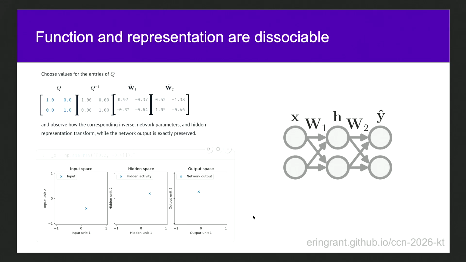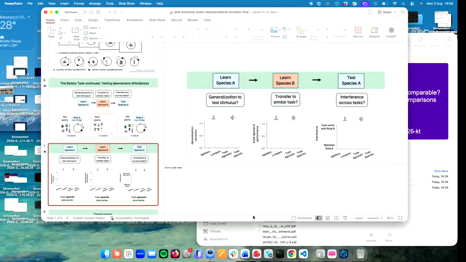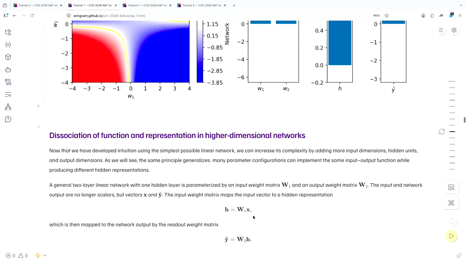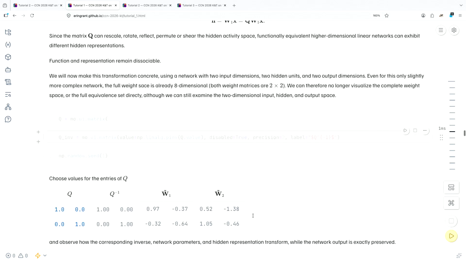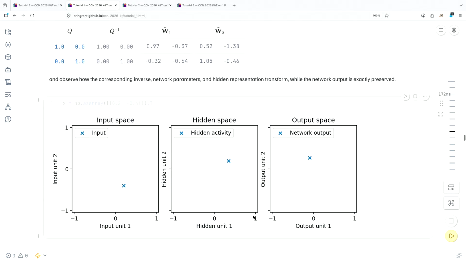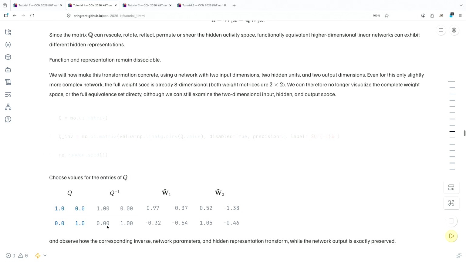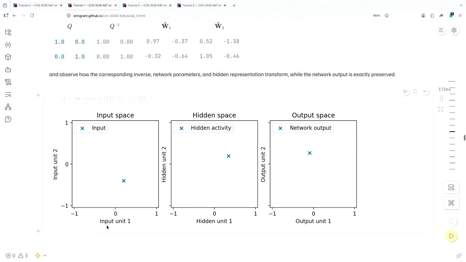So again, I have a little interactive notebook for this, or one figure for this, where we have 2 input neurons, 2 hidden neurons, and 2 output neurons. So each thing is 2D, so we can plot it. However, we can't plot weight space anymore because there are now 8 weights: 4 weights in the first layer, 4 weights in the second layer.